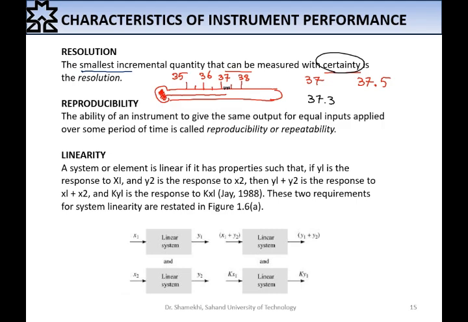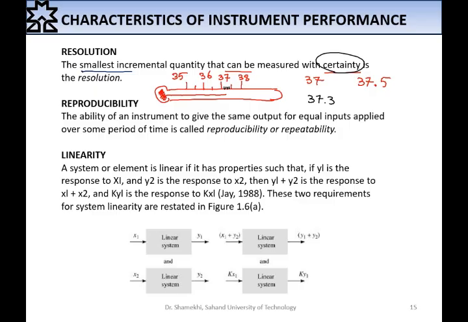Therefore, the resolution of the temperature from the beginning of this slide was improved by adding some other data, some other bars, some other facilities. And the resolution of the system was improved also, because we can measure the smallest incremental quantity with certainty, with more bars, with more data.